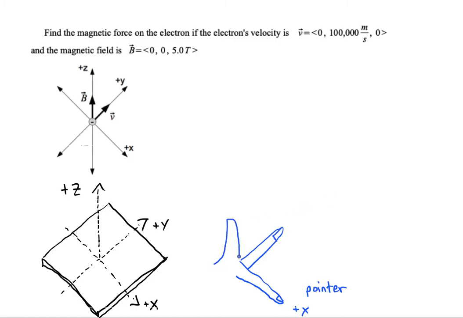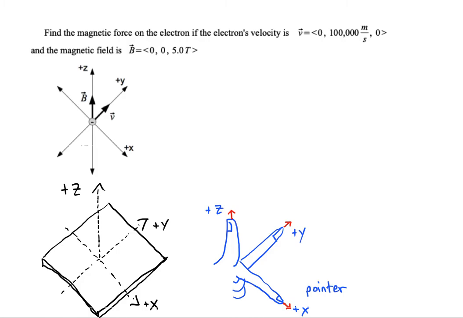The thumb will be the positive Z direction. So this isn't really like finding a cross product or anything, but it's just another useful right-hand rule that we can use. All it's for is just setting up the three-dimensional coordinate system. You just have to memorize which digit is which.